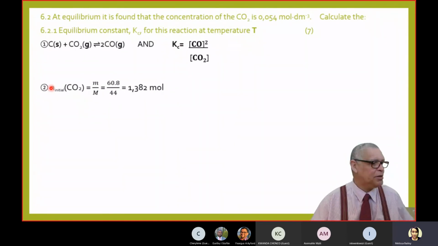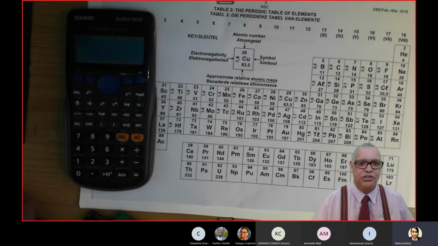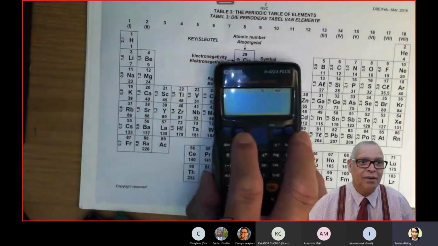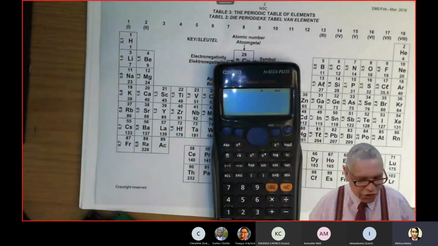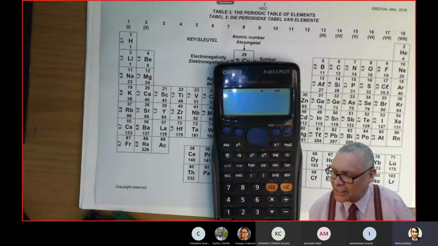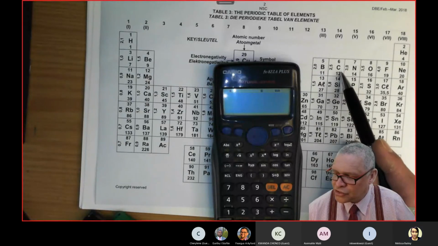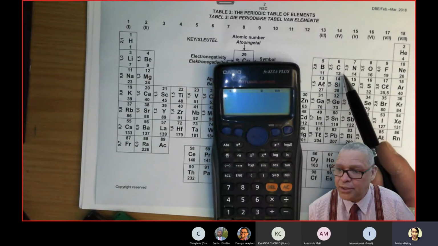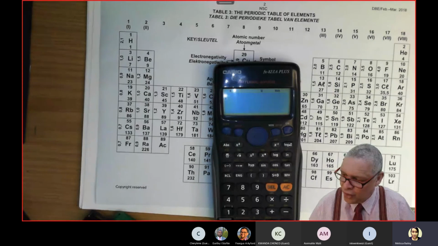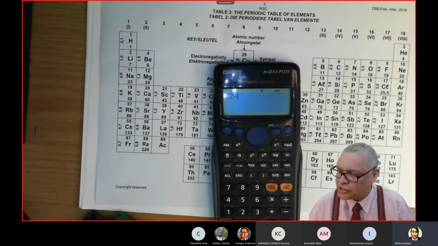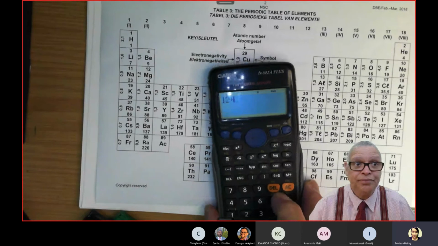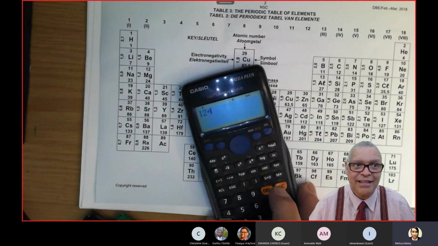Looking at the periodic table as well, let me just switch to this monitor here. So there I have my calculator right here. As you know, carbon dioxide is CO2. So C is carbon, it's going to be 12. So I say 12 plus, right? Oxygen is O2, I'm sure you can see that nicely.